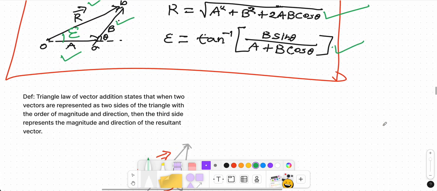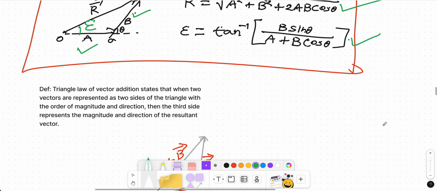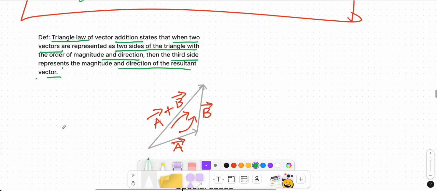Now let me give you the definition of triangle law. Triangle law of vector addition states that when two vectors are represented as two sides of a triangle in order of magnitude and direction, then the third side represents the magnitude and direction of the resultant vector. What does it mean?